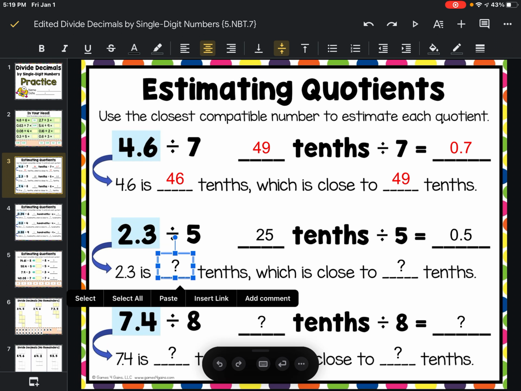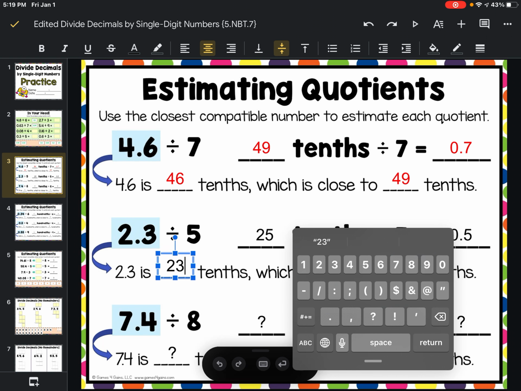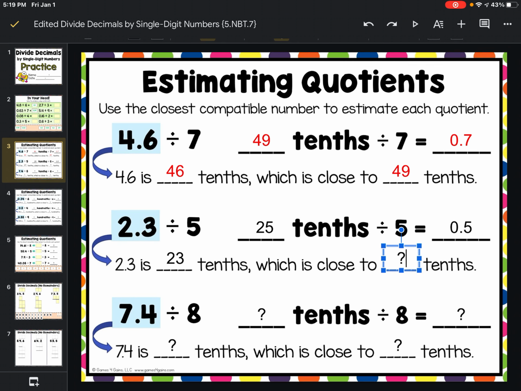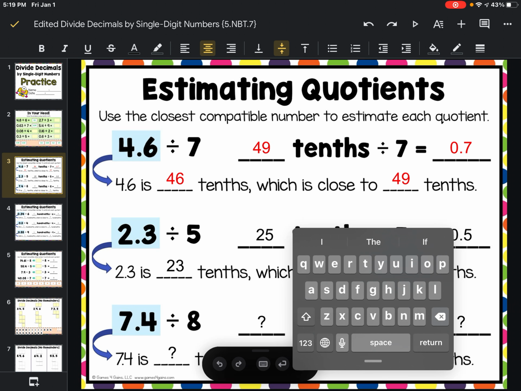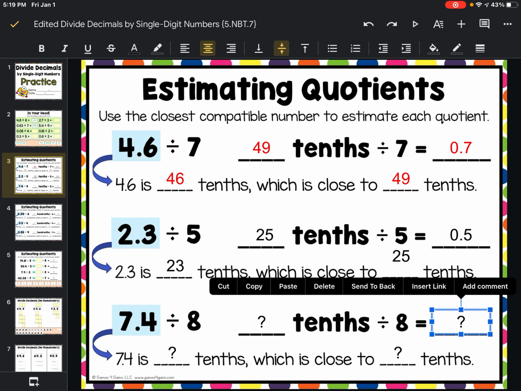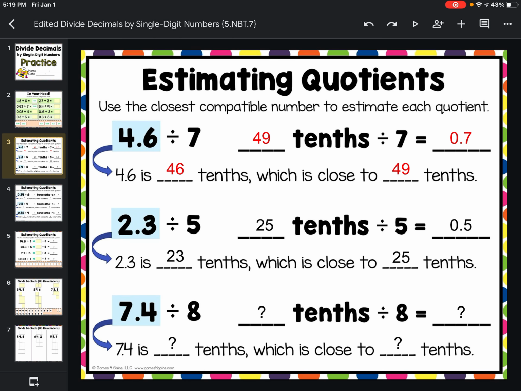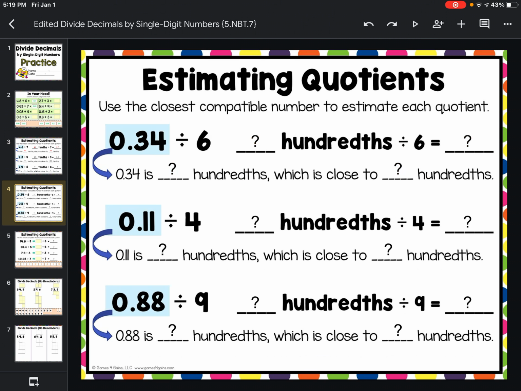So down here, all you would have to do is type in 23, because that's 23 tenths, which is close to 25. I hit enter, so it kind of popped it up a little bit. There you go. So that's all you have to do, and really you only have to do one more on this page because I did that one for you.